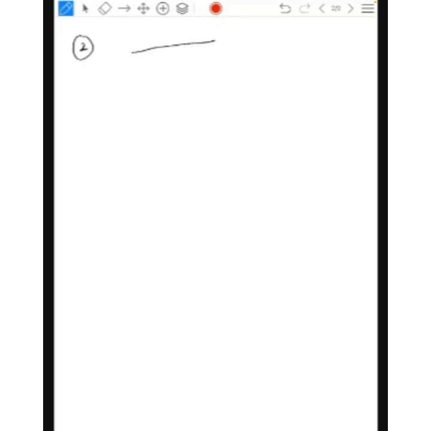Now we have a line. Let's look at C, which is xi plus yj plus zk equals to... So this is our r0, this is our v.